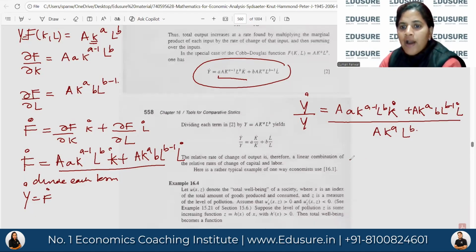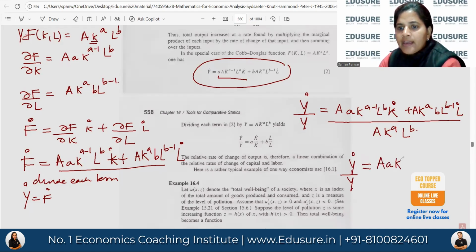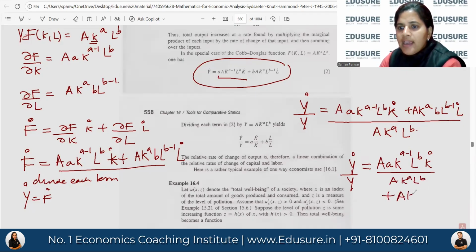Okay, so y dot by y is equal to A a k^(a-1) l^b k dot upon A k^a l^b, plus A b k^a l^(b-1) l dot upon A k^a l^b.